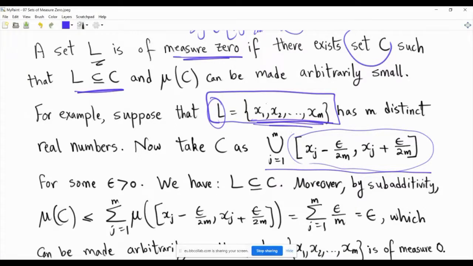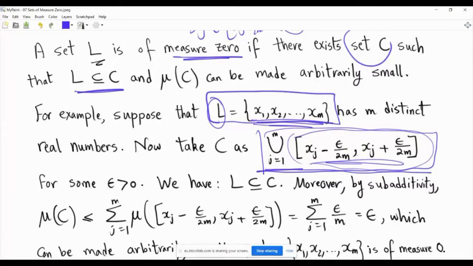What is the measure of this thing? If you want to find the length, you may say we need to know whether those intervals are overlapping or disjoint.